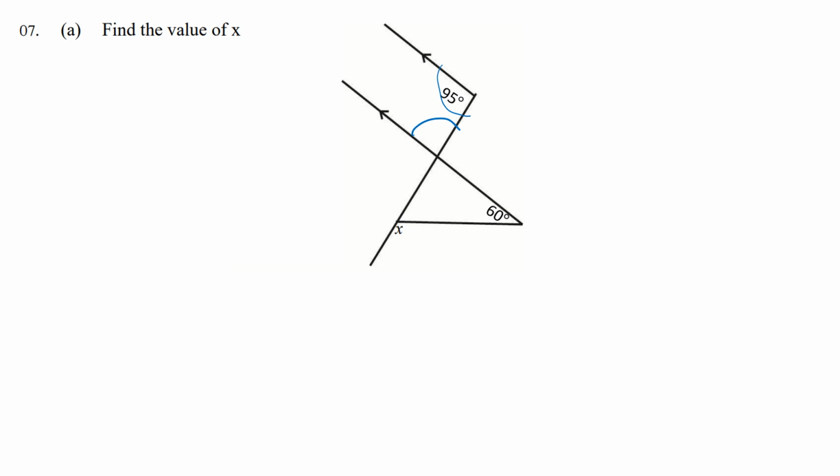So you can simply write a plus 95 is equal to 180. So a is equal to 180 minus 95, that means 85. So if it is 85, this also has to be 85 because these are opposite angles, right?